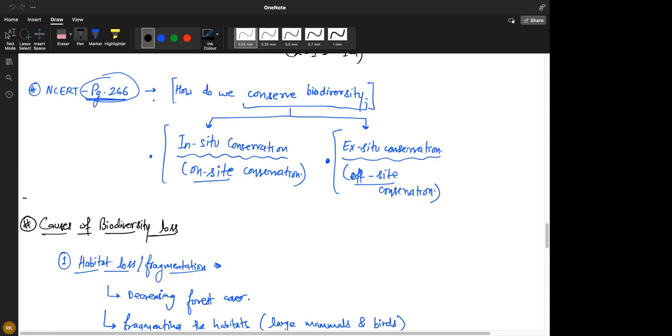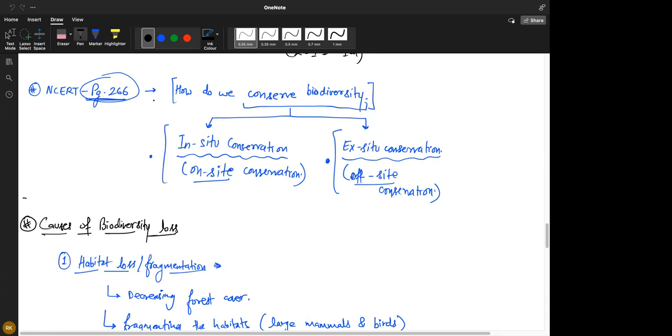What if I say that first thing you say is what is in situ conservation? So it is to conserve all the components of a hotspot right where it is, on the site. That's why it's called on-site conservation.